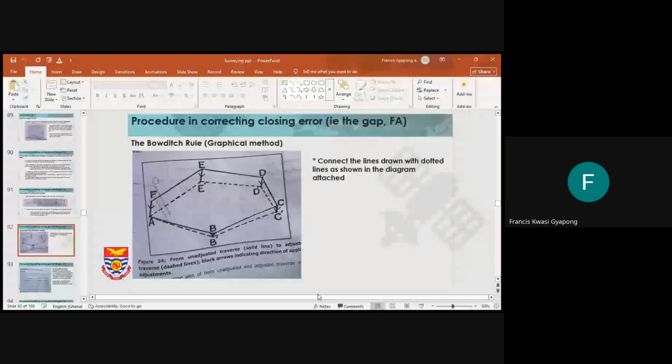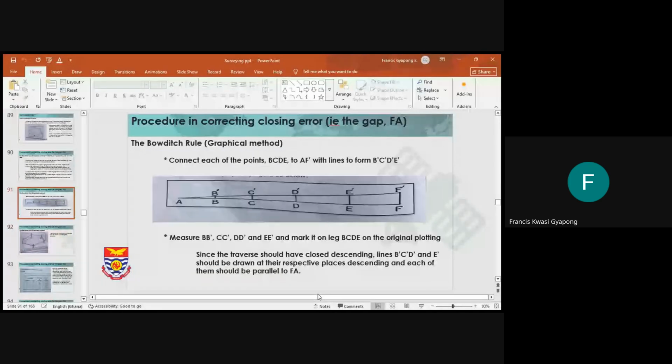So it is these distances that you measure. You measure what you plotted, A to B, B to C, C to D, D to E, and then E to F. And then when you are done, you put it on a diagram like this so that the errors will be distributed this way.